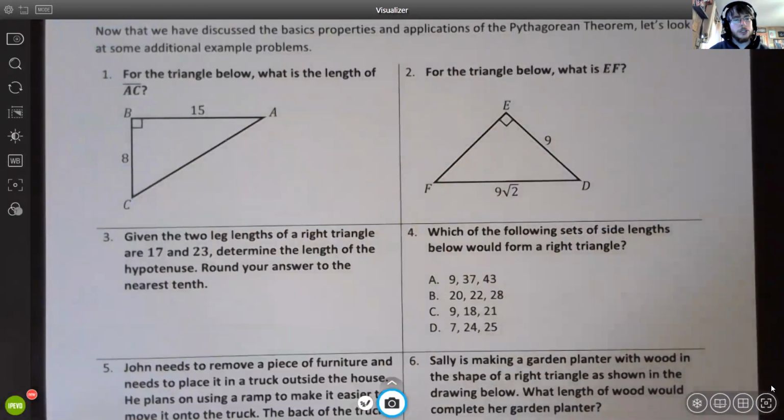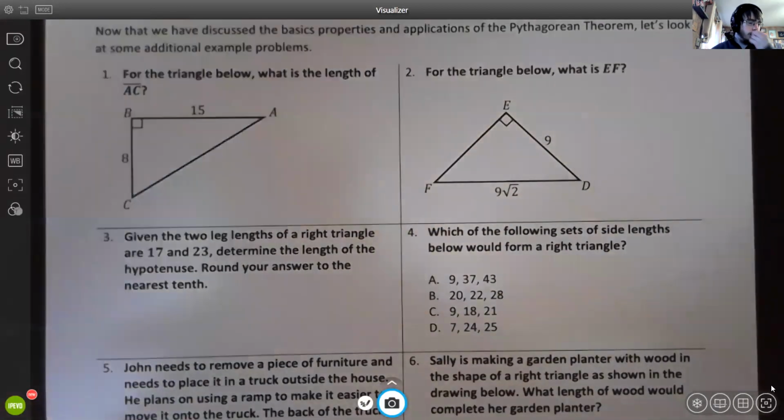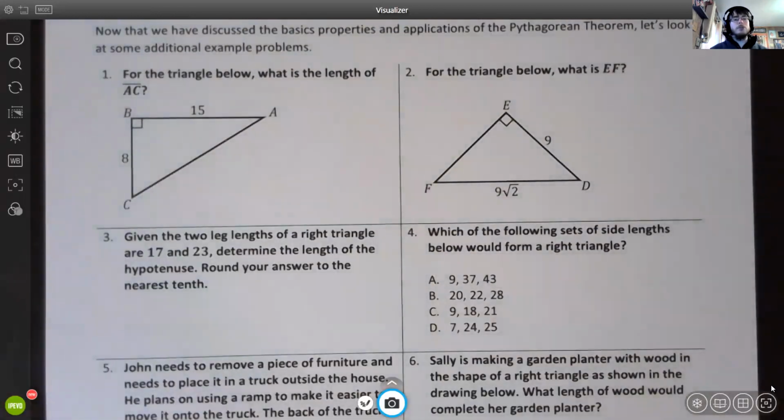You need to understand how exactly to find the information in the problem that you need to solve it, and importantly what to do in order to solve the problem. So let's look at number 1.